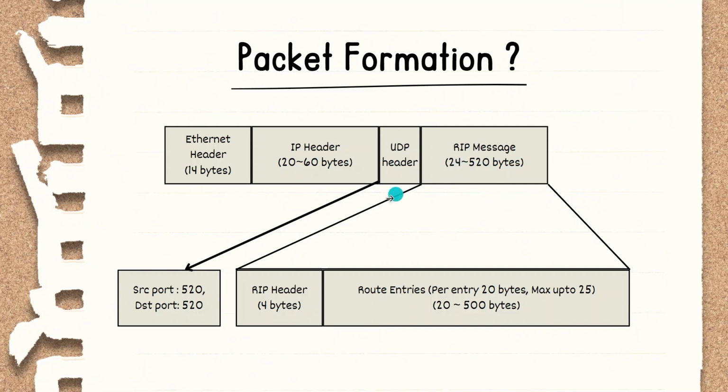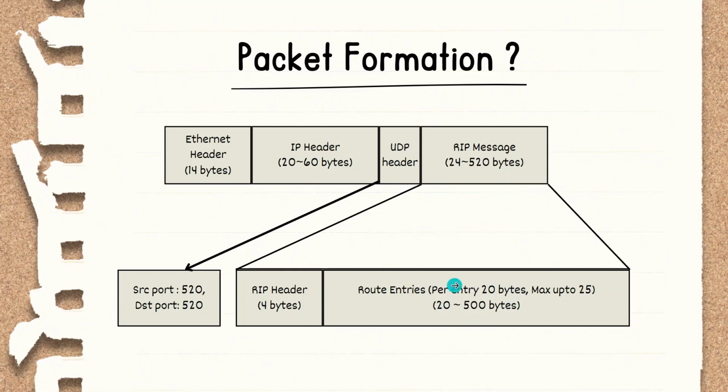And how is that? The RIP header is 4 bytes, then there will be some route entries, and each route entry is 20 bytes in size, and it can hold a maximum of 25. So this particular section will be a minimum of 20 to a maximum of 500 bytes.